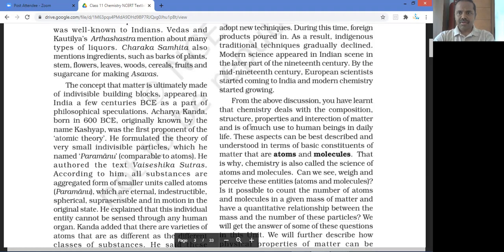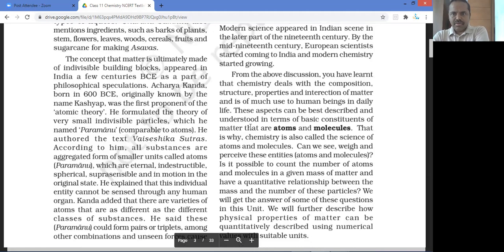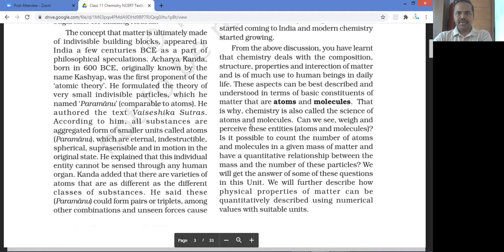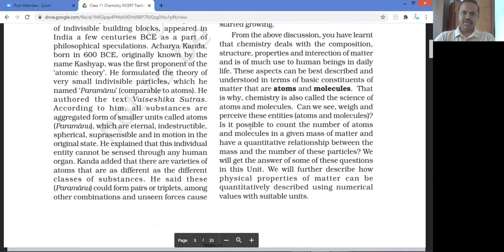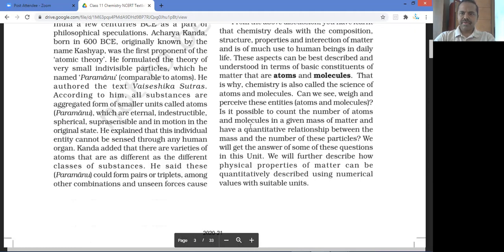growing. From the above discussion, we learned the composition, structure, properties, and interactions of matter, which are useful in our daily use, and the basic constitution of matter: atoms and molecules, the science of atoms and molecules, the number of atoms and molecules in a given mass of matter, and their quantitative relationship.